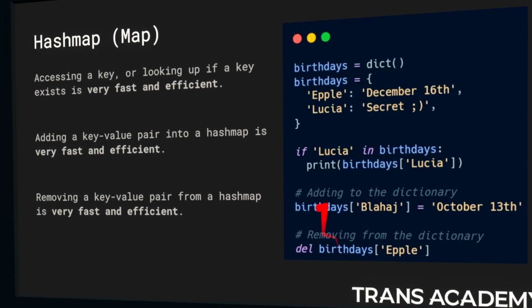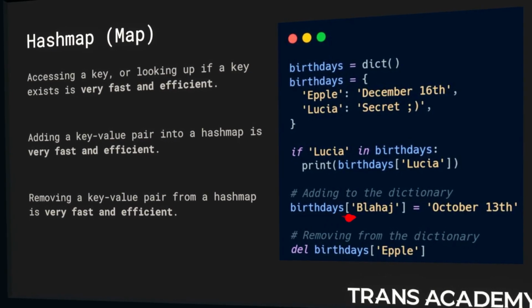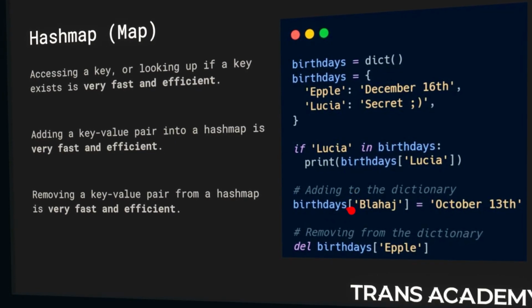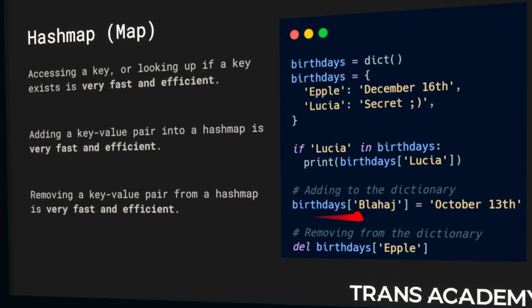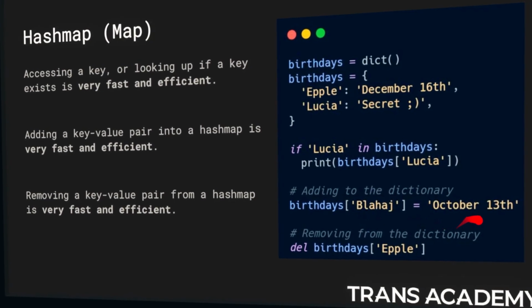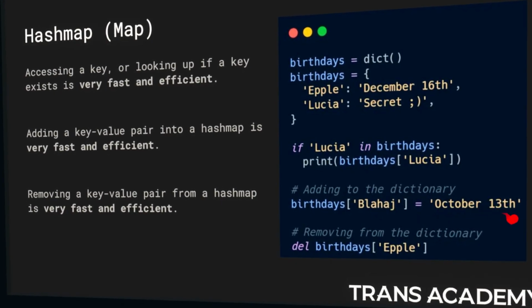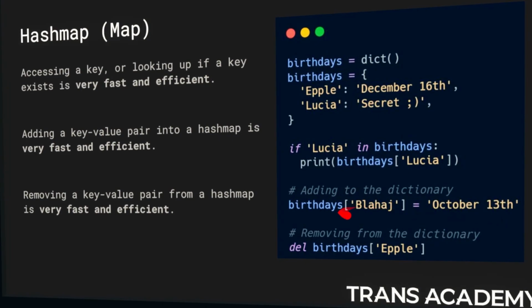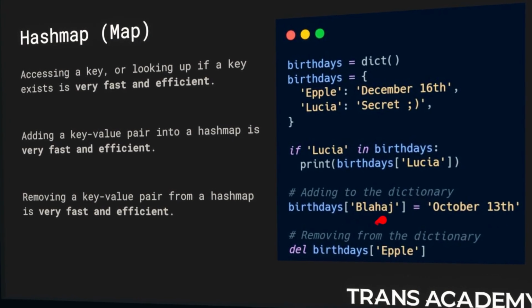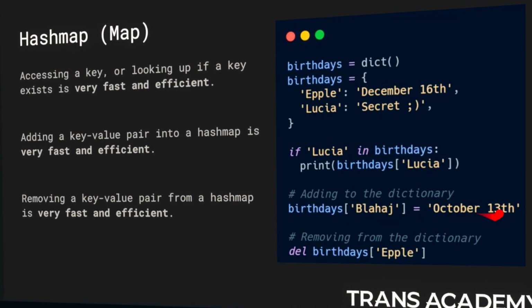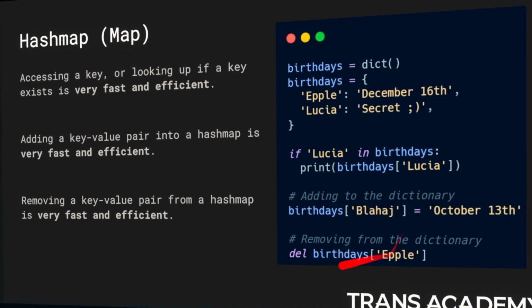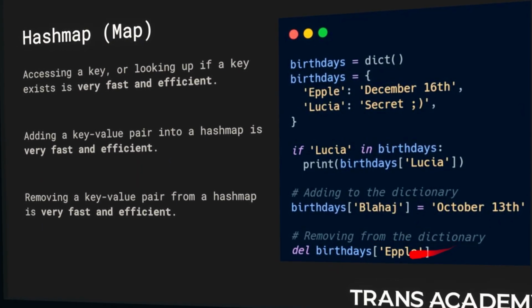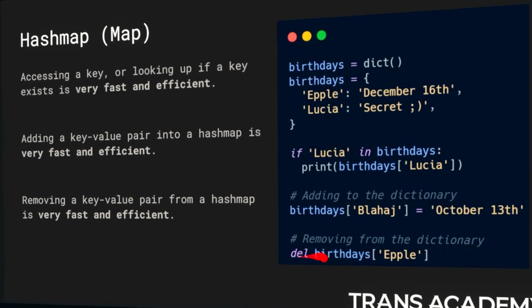A common way to add a value to a dictionary is through this syntax, as in birthdays and then the name of the key, assigning the value on the right side, right? So in this case, for birthdays with Blaha, we are assigning this to October 13th. We can also delete it by using deletion.